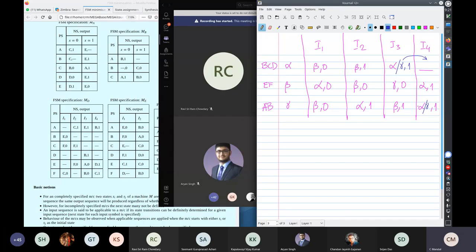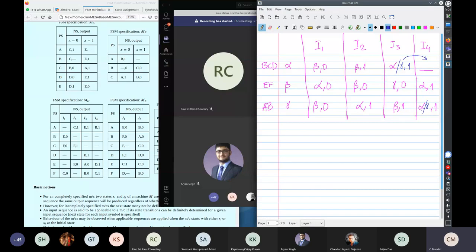And here, if I2 and I4 are adjacent, then it is better to choose alpha.